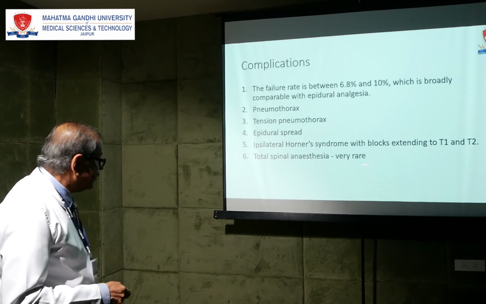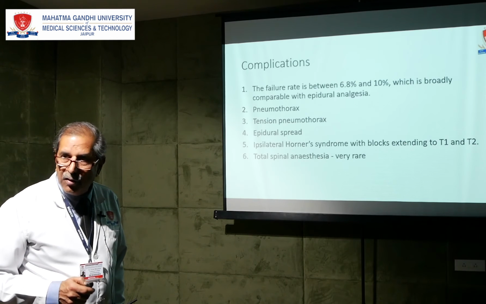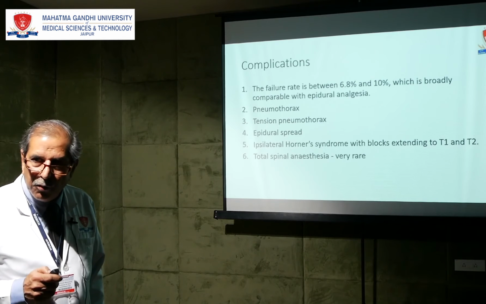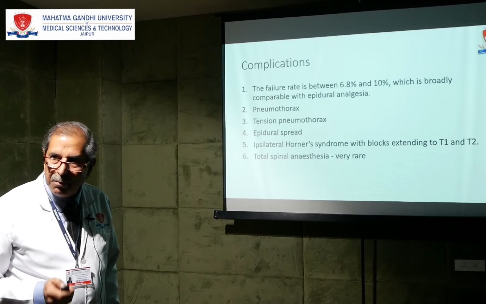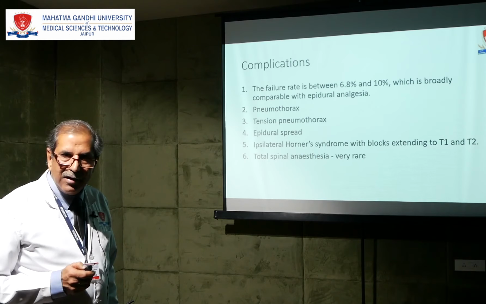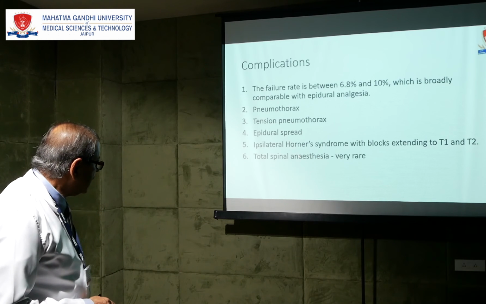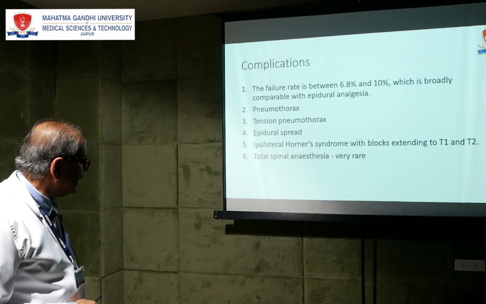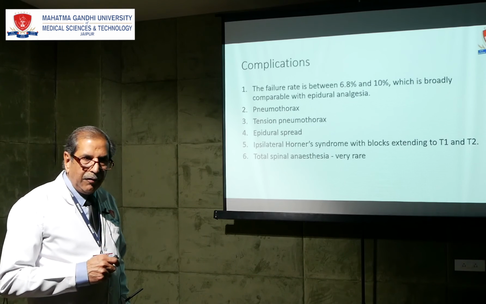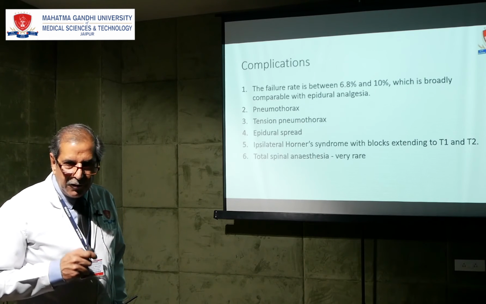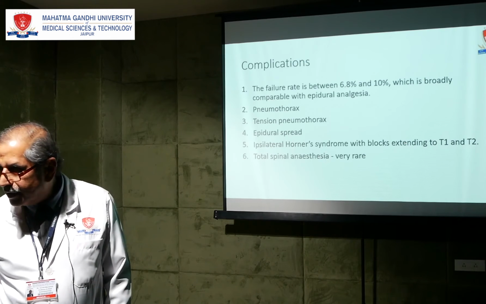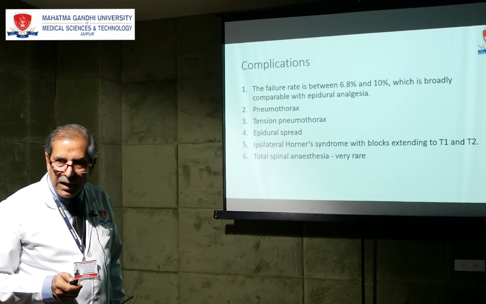In a rare situation, particularly if you are going more medially, or if the tip of the needle is going medially, it can result in a spinal anesthesia. So, whenever we identify and enter the paravertebral space, we need to aspirate.